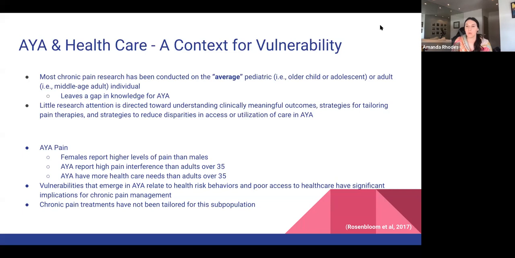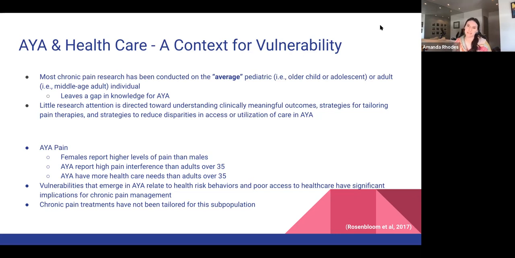So in terms of AYA pain specifically, it does look a little bit like what we might see traditionally with older adult pain, meaning that females in that AYA range do report higher levels of pain than males. The AYA specifically report higher levels of pain interference than adults over 35, which I find really interesting, probably because there's an expectation for young adults and kids to be in social activities.